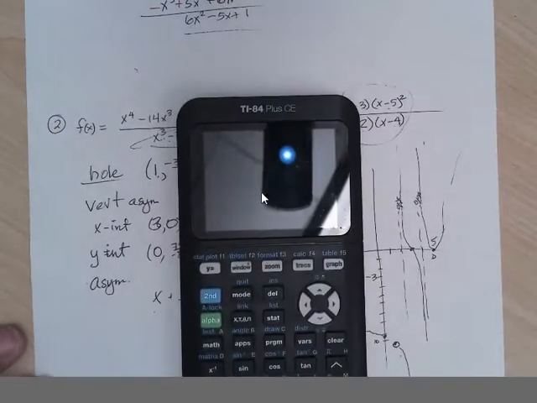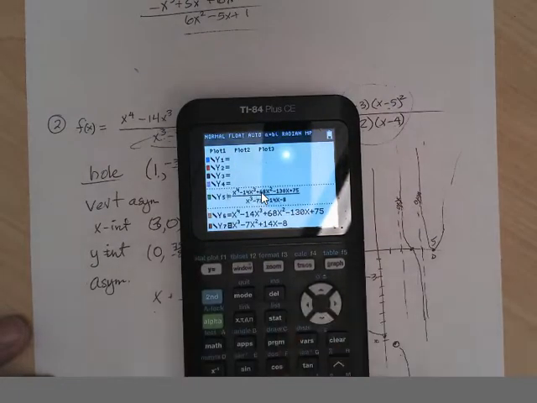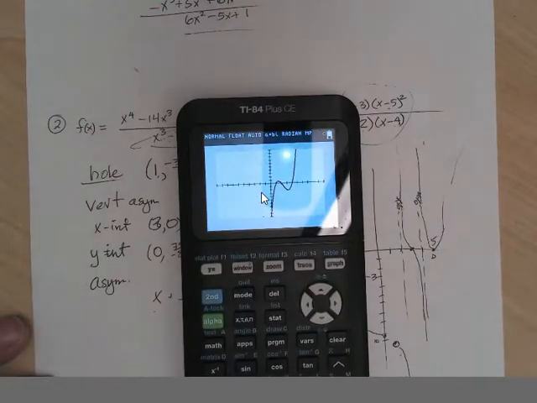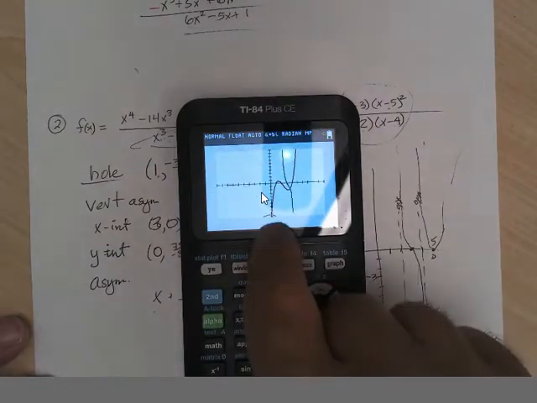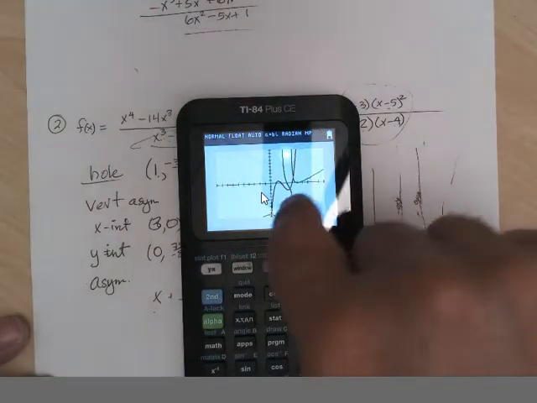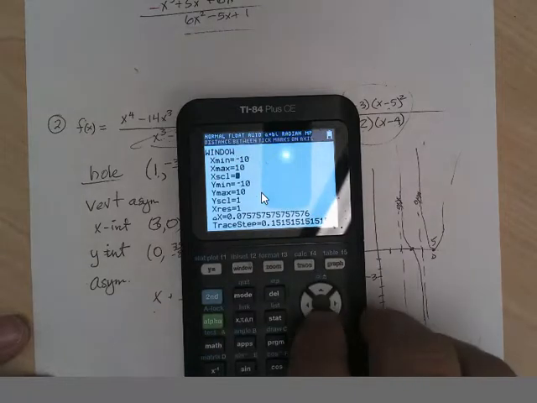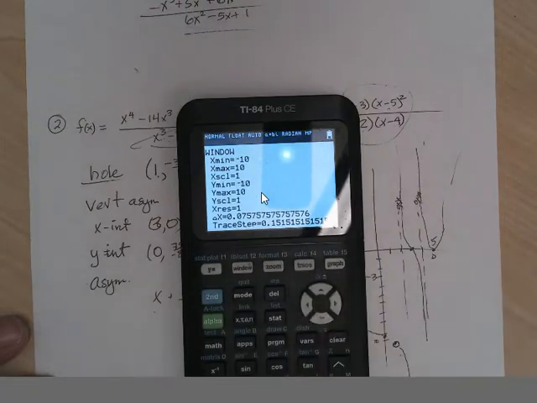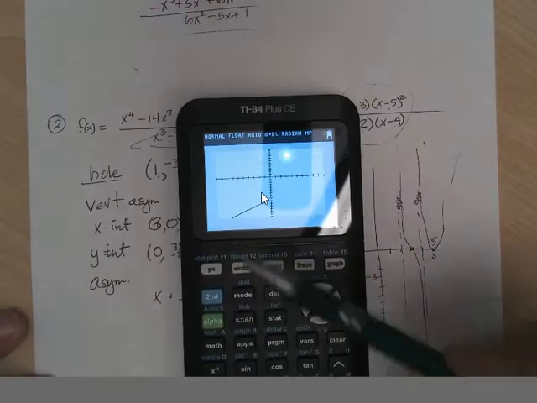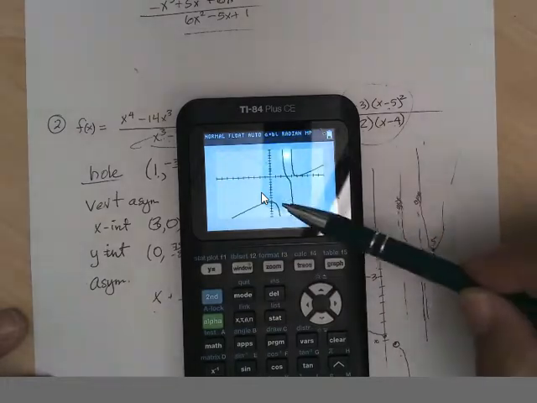Let's take a look at it and see if we're correct. So we come down here, and that should be this one. Enter and graph. And we saw a little bit there, and there's the down part, and there's it going this way. The line must go through here someplace. I can look down a little bit further. So it's following the line, then it drops down, and there, and there's a hole.